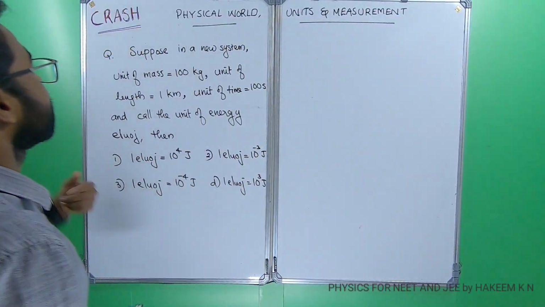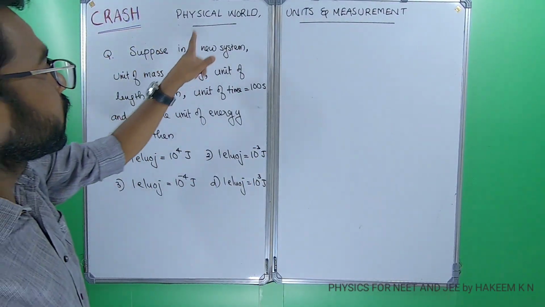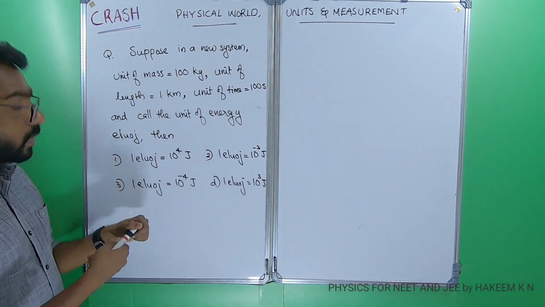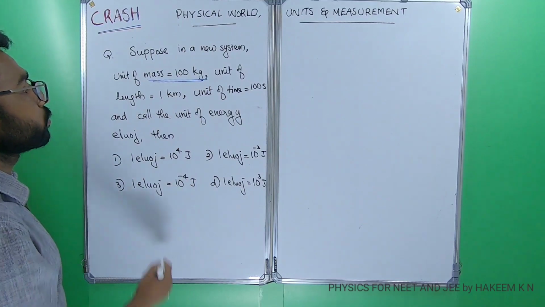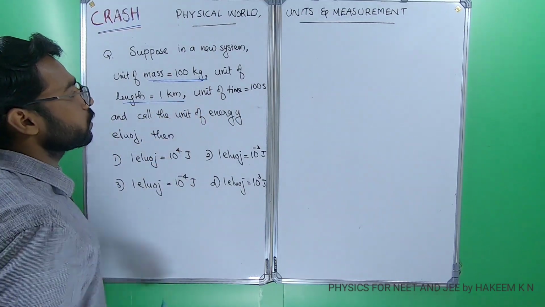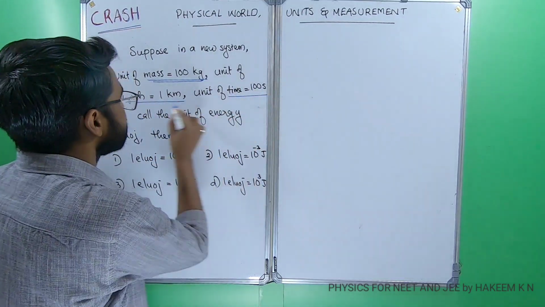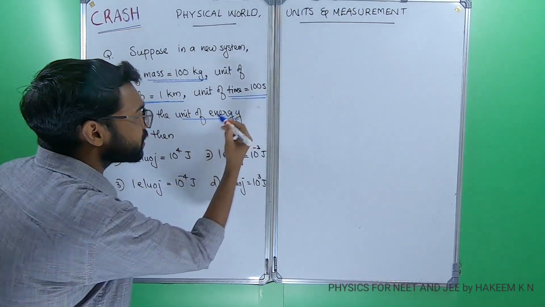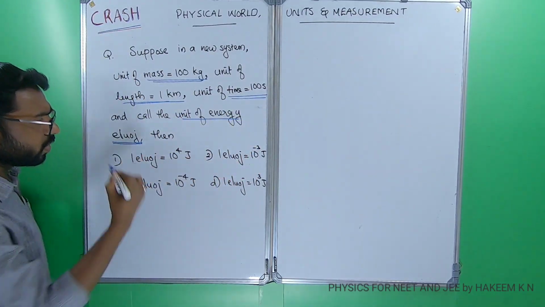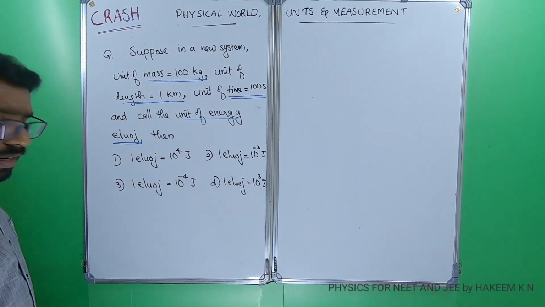This is the question. Suppose in a new system, the unit of mass is 100 kilogram, the unit of length is 1 kilometer, and the unit of time is 100 seconds. And call the unit of energy ELOJ. What is ELOJ?